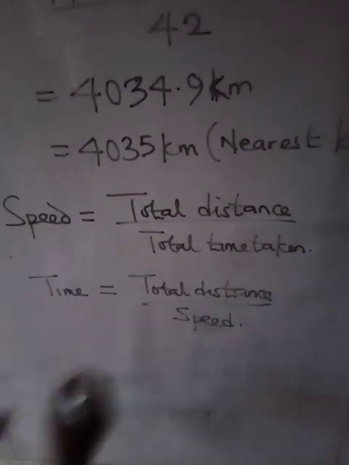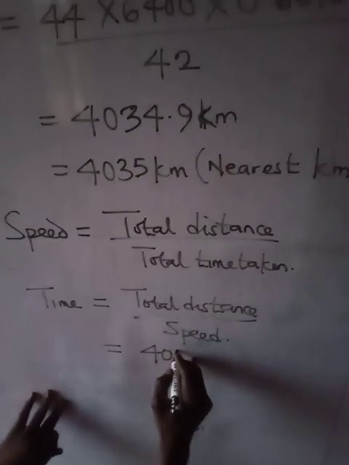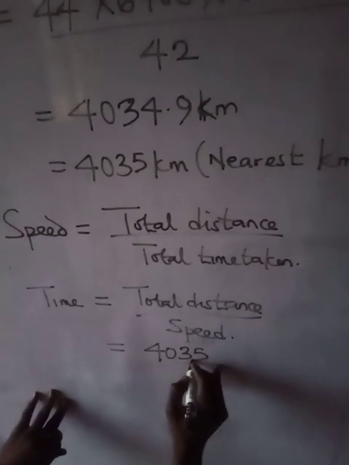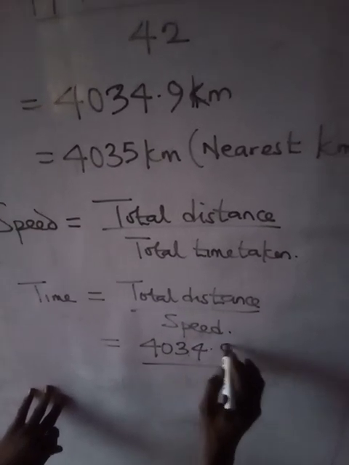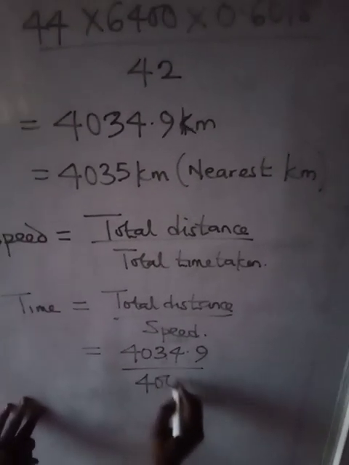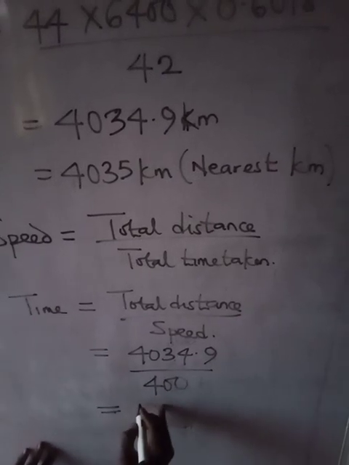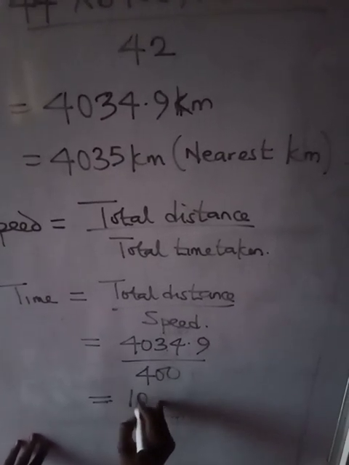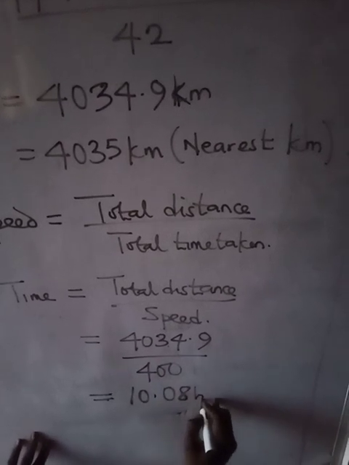All over speed. What's the total distance? That's 435 that we have gotten divided by 34.9 now, divided by the speed. The speed has been given in the question, 400. So if you check that, that will be 10.08 hours.